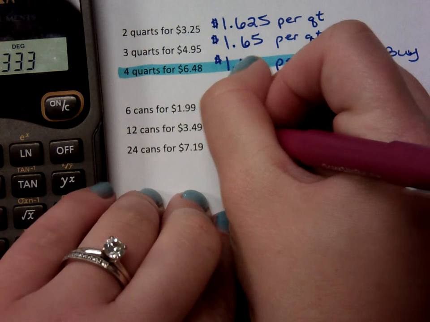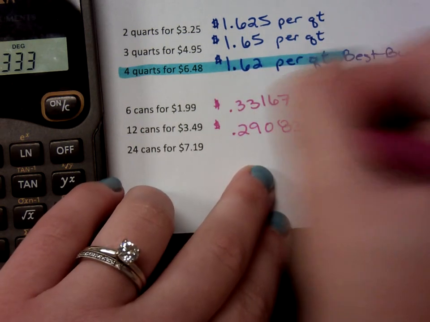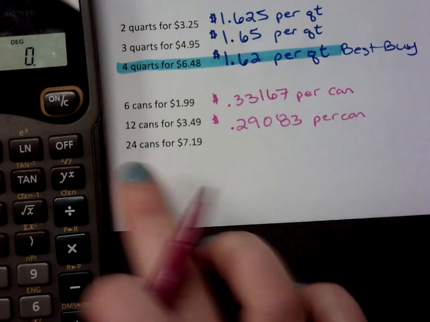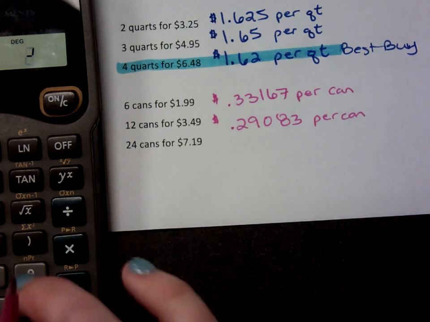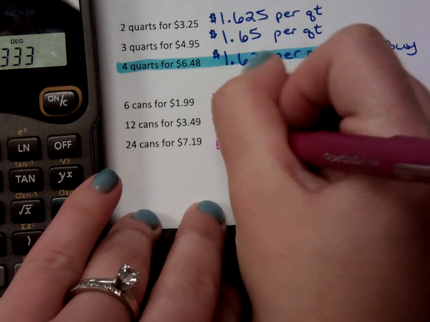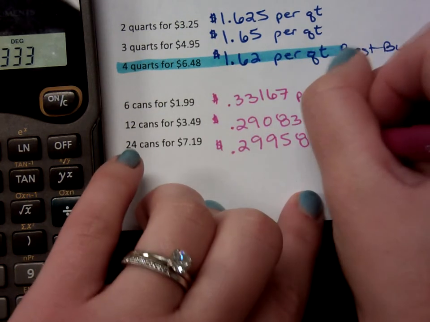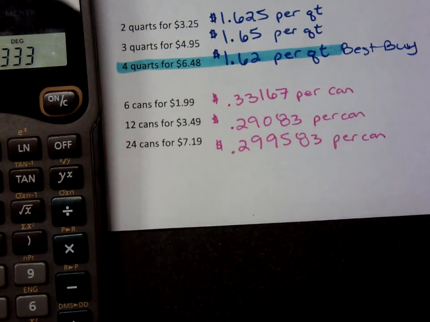That's 0.29083, about 29 cents per can. 24 cans for $7.19. That's 0.299583 per can, so slightly more than the 12-pack.